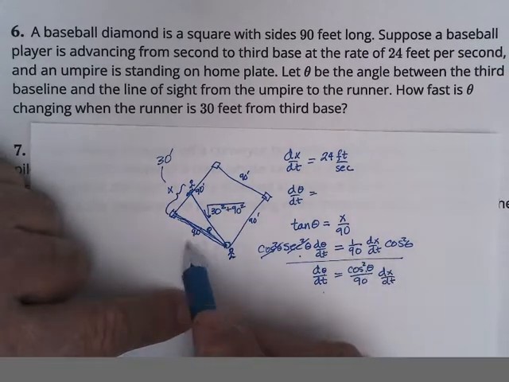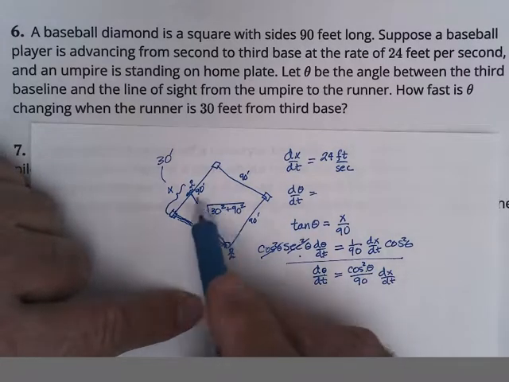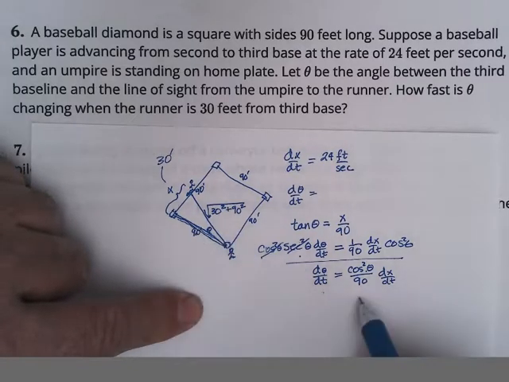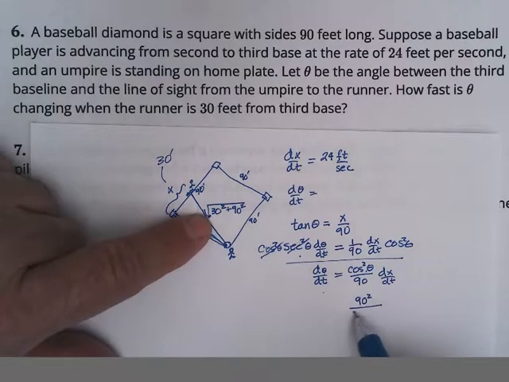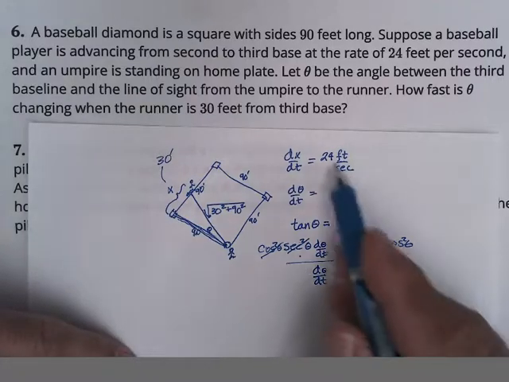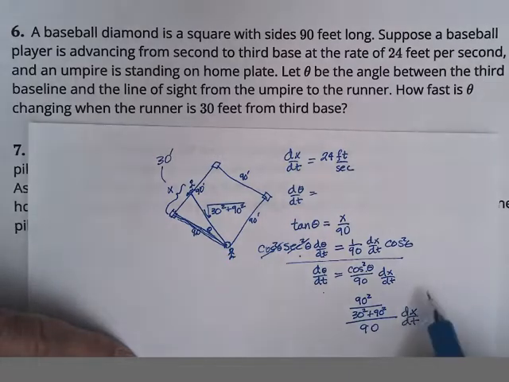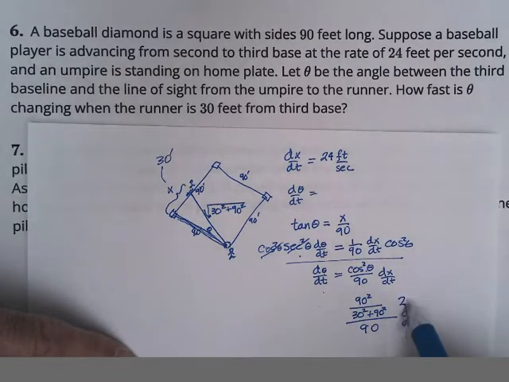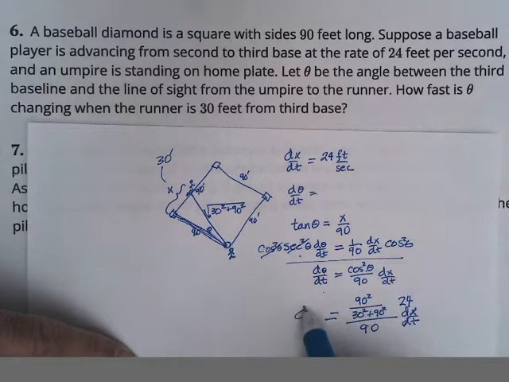So the cosine would be 90 over that, and squared would get rid of the square root, so I'd have 90 squared over 30 squared plus 90 squared, that's the cosine squared, divided by 90 dx/dt. But dx/dt was 24, so we have this times 24, and that'll be d theta/dt.